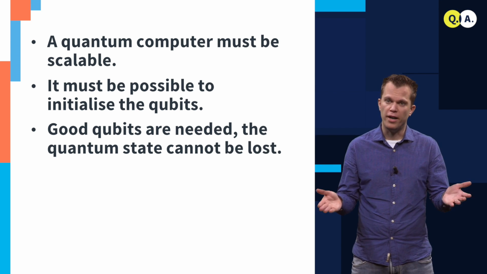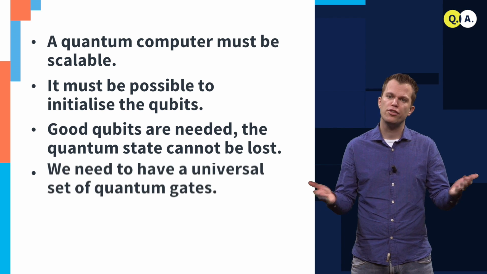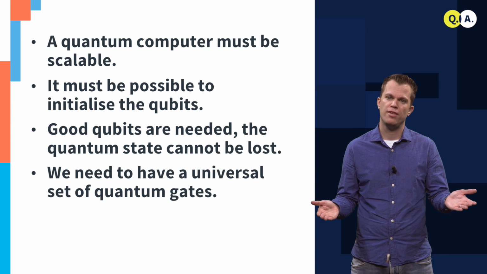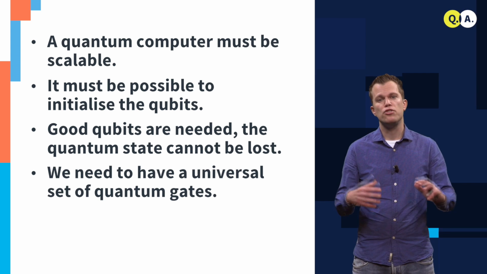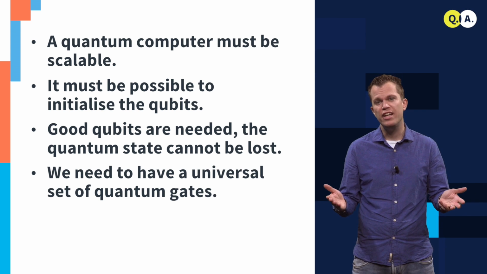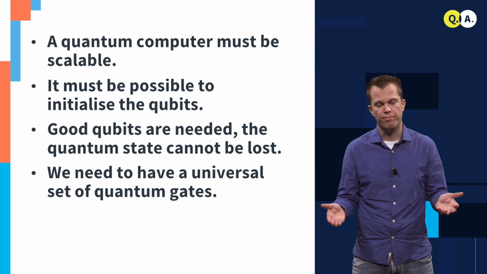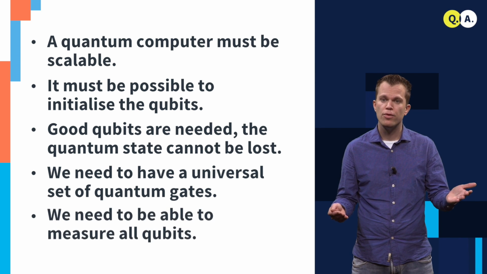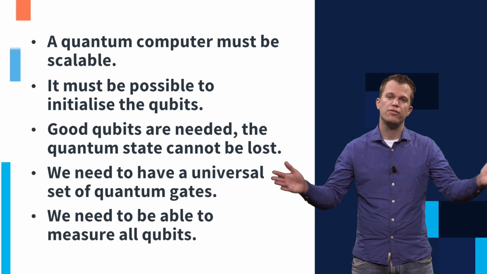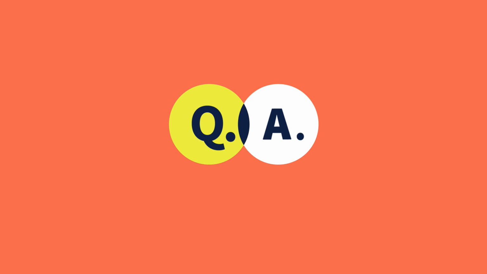It is furthermore required to have what is called a universal set of quantum gates, meaning that one can do the operations needed to execute a quantum algorithm. And finally, we need to be able to measure all of those qubits.